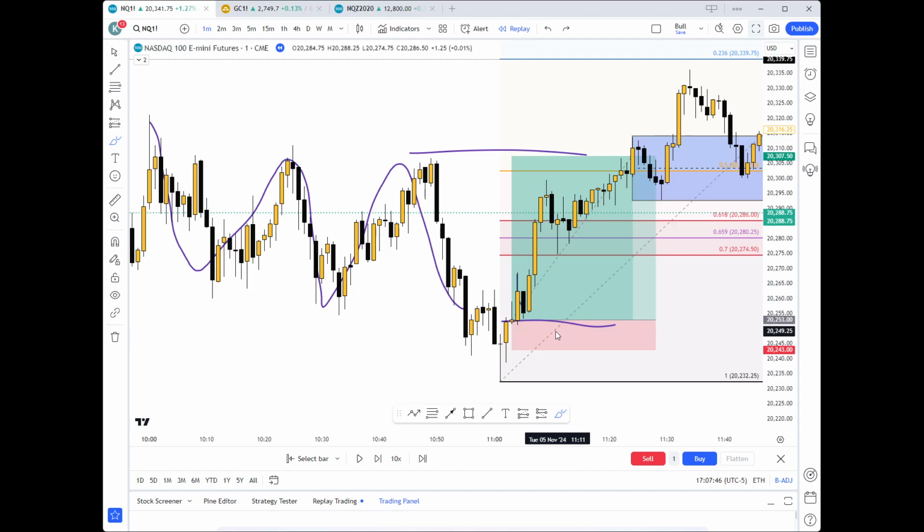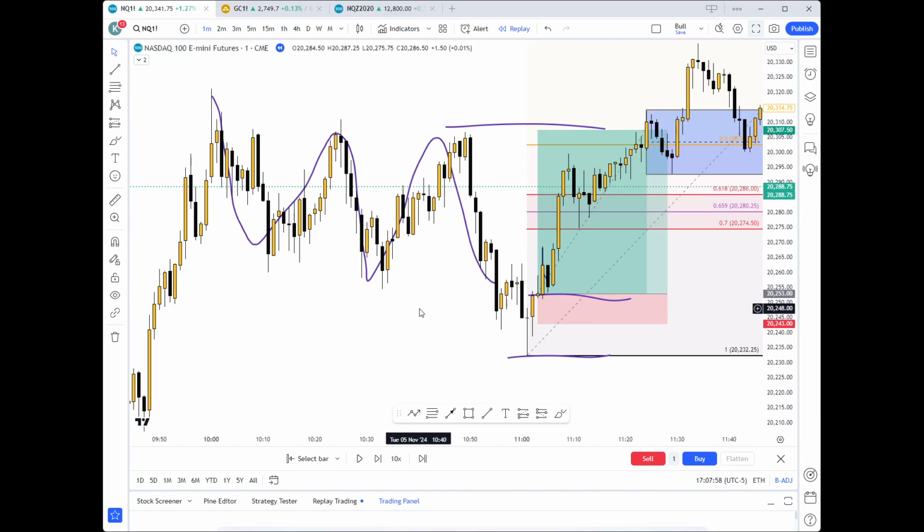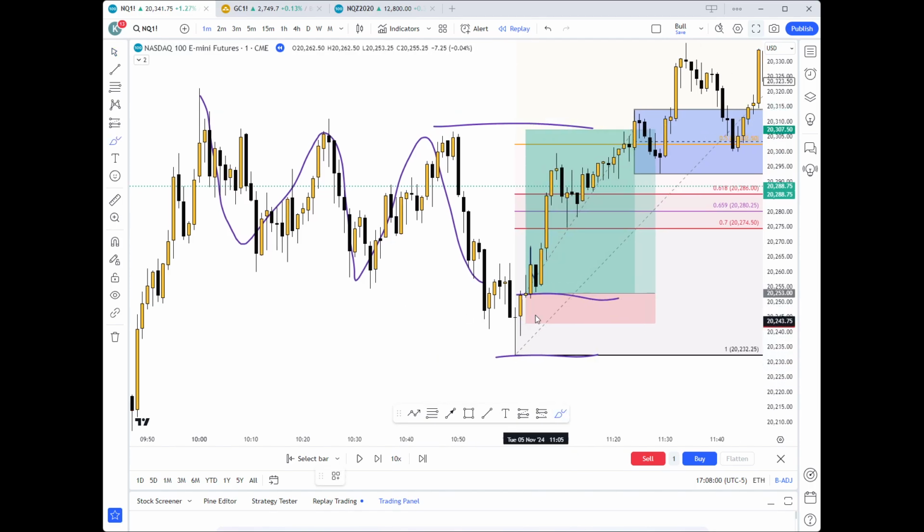Am I wrong? Do I get out here? If it starts trading here, am I wrong? Maybe I got to take this low. Maybe this isn't the actual sweep. Maybe A, B, C, D, and E, and then we start looking at this relief as, oh man, I better get out here before this literally does that.